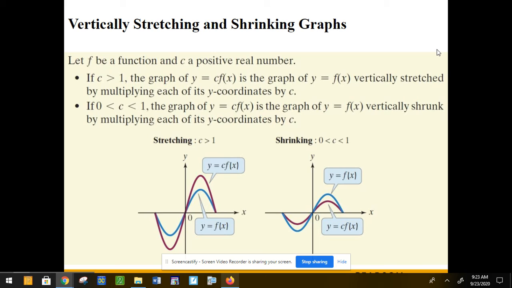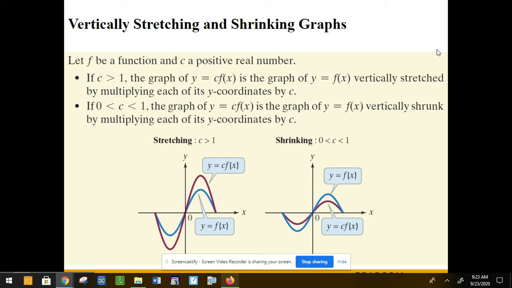All right, stretching and shrinking the graph. Okay, so this is a multiplier. Something on the outside of the function is multiplying. It's vertically stretching it if the multiplier is more than 1. It is vertically shrinking it if the multiplier is between 0 and 1.